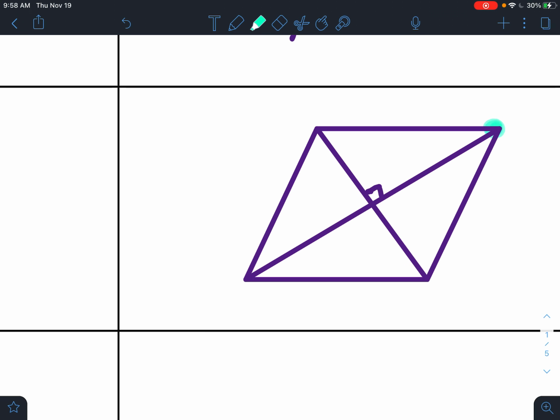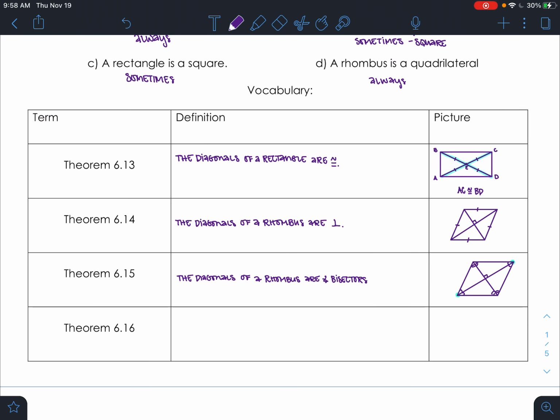Because we know that the opposite angles are congruent, I now need to state that these two angles are congruent because it's an angle bisector. But I also know these two angles right here are congruent, so all four of those angles are congruent. That's also true about these two: these two angles are congruent and these two angles are congruent.